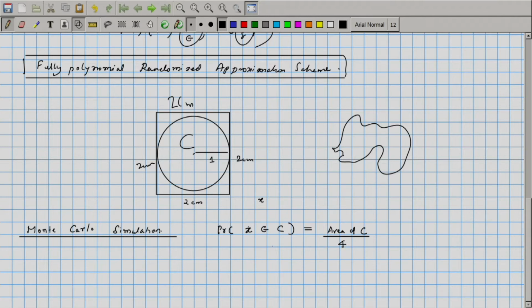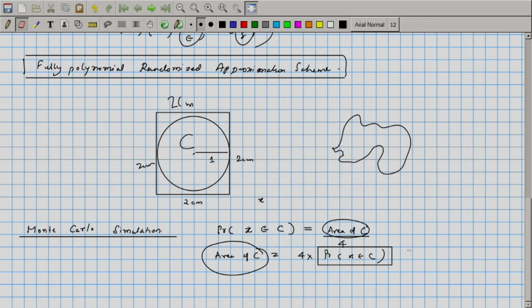Now, this would also mean that the area of C is equal to 4 times the probability that x belongs to C. So, if we could estimate this probability exactly, that would mean that we can compute the area of C. Now, the probability that x belongs to C is nothing but pi r square by 4, and this multiplied by 4 gives us pi r square. In some sense we already knew this. Okay, so we just plugged that in to compute the probability, but let us say it is a more irregular figure.